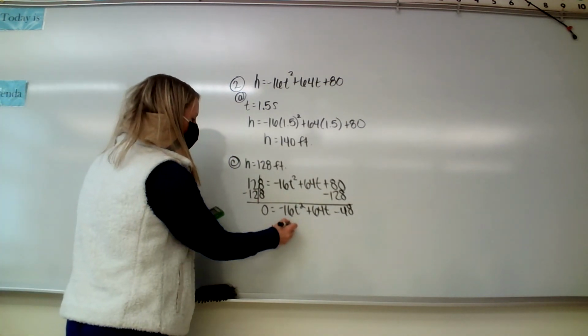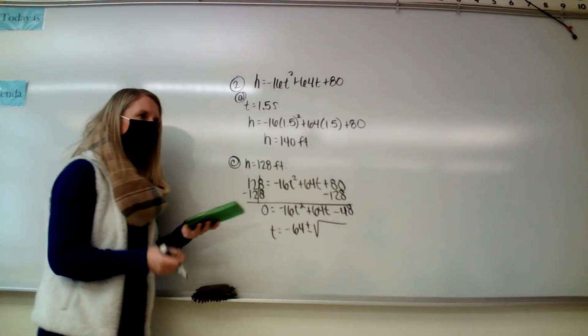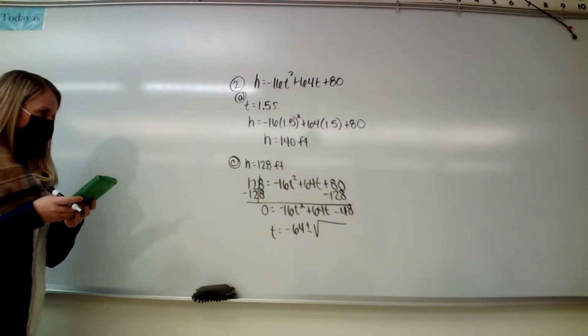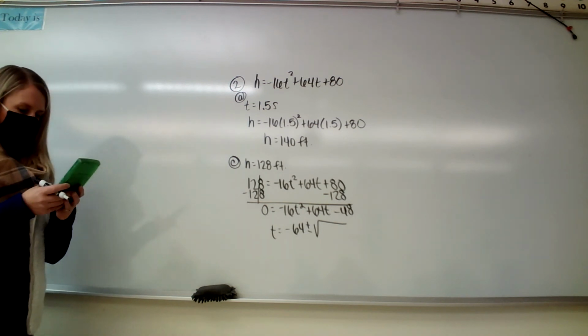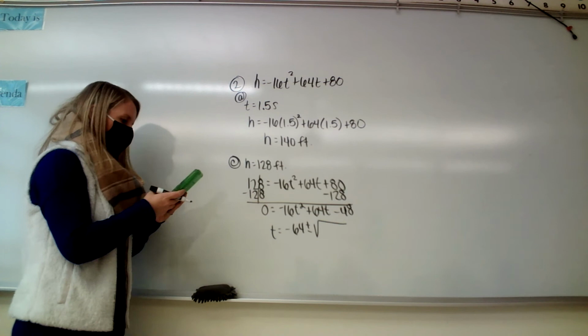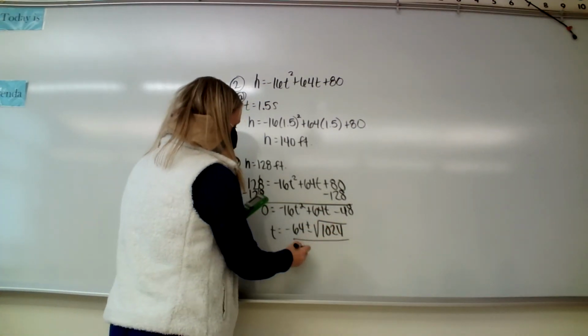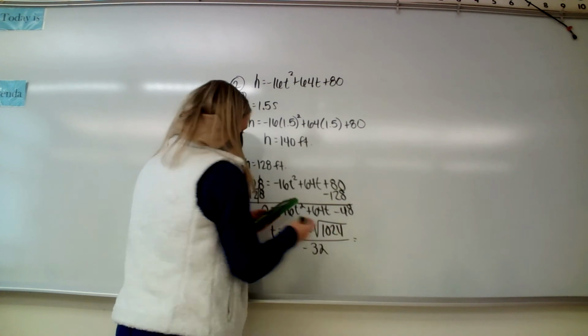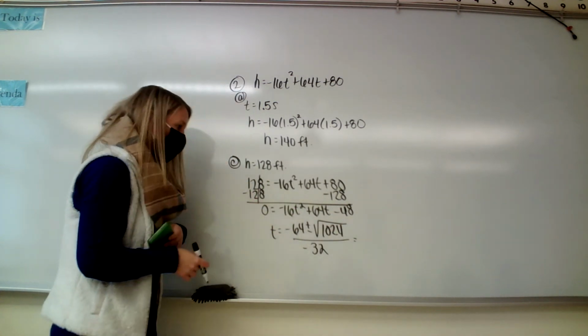So I start to plug in. t equals negative 64 plus or minus, and I'm just gonna find my discriminant right in my calculator, like we talked about yesterday. Minus 4 times... and that gives me 1024 over negative 32. I believe 1024 is a perfect square. What a delight.